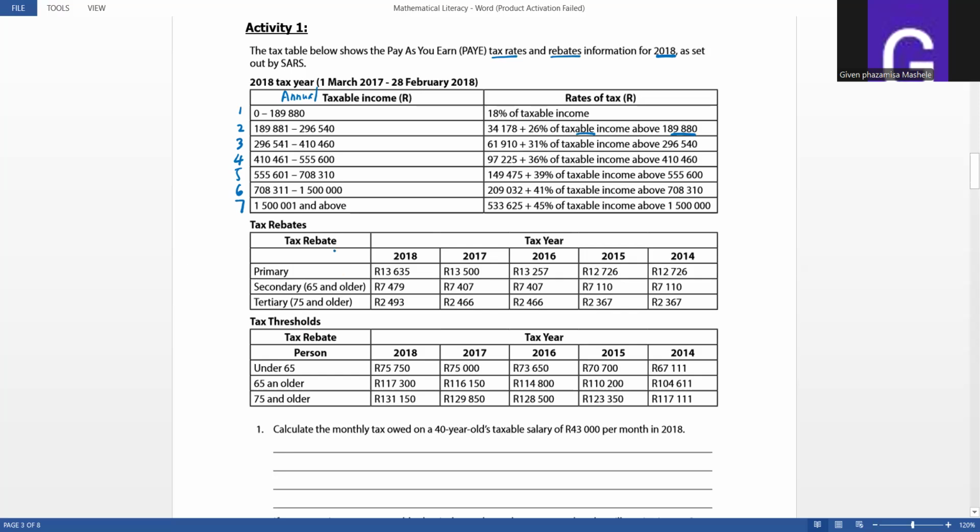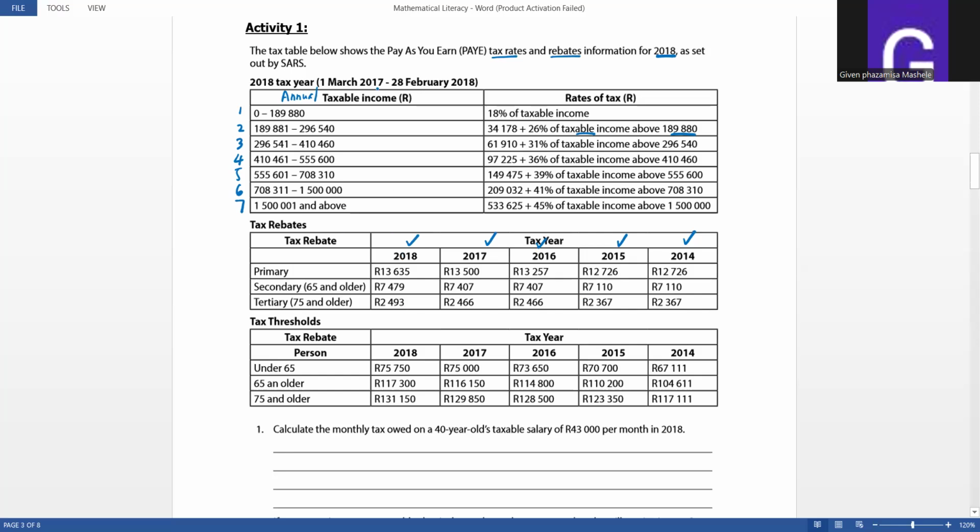Right. Then let's move on to the rebates. Remember, what did I say? I said a rebate is an amount by which SARS reduces the actual tax owing based on the age of a person, and it's calculated yearly. If you check, this is compared from 2014, 15, 16, 17, 18, so you see that the amount is changing.